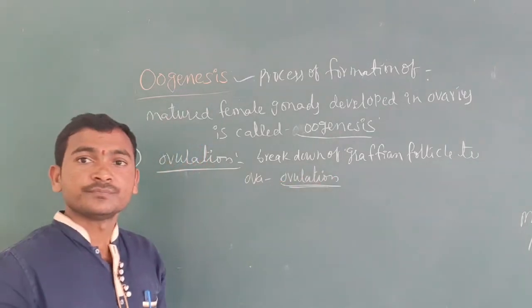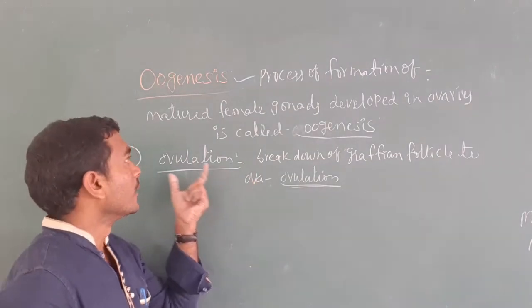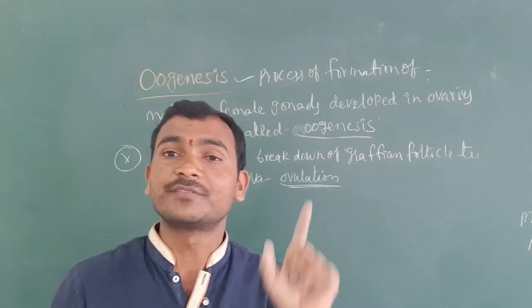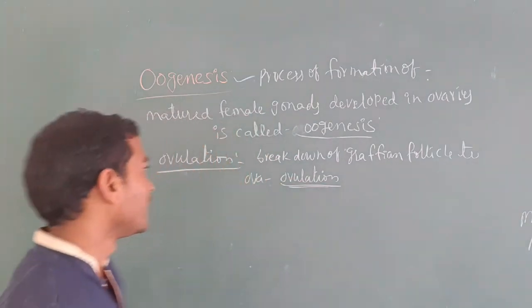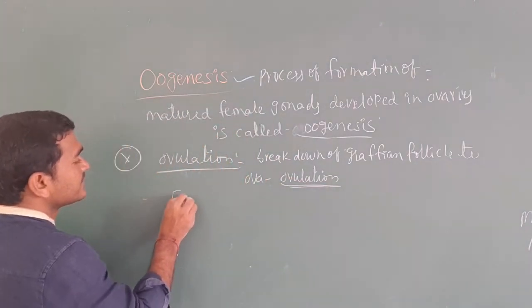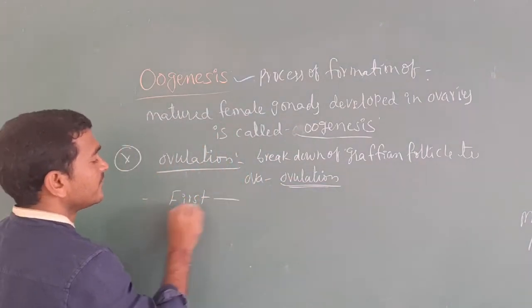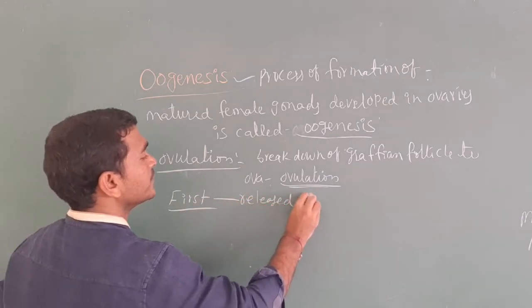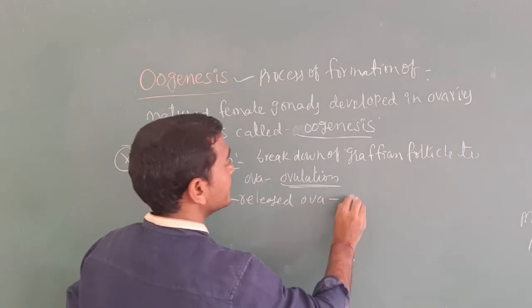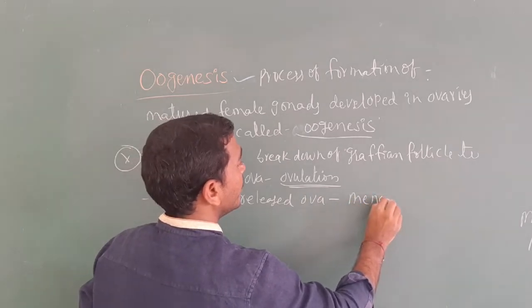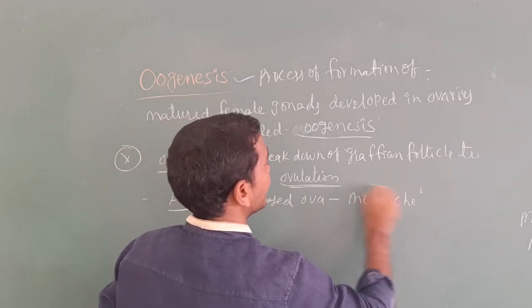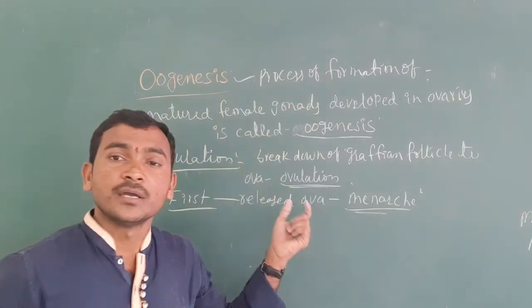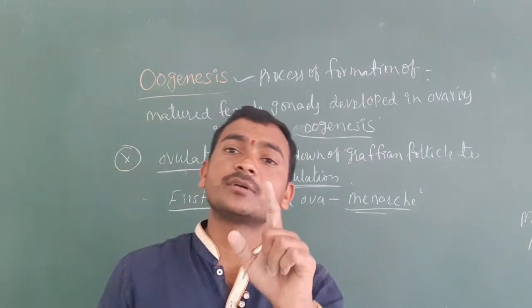Ovulation occurs after the formation of the matured Graafian follicle. The first released ova is called menarche, during the period of 13 to 19 years, the adolescent age.